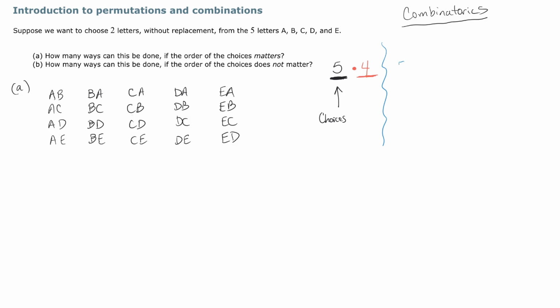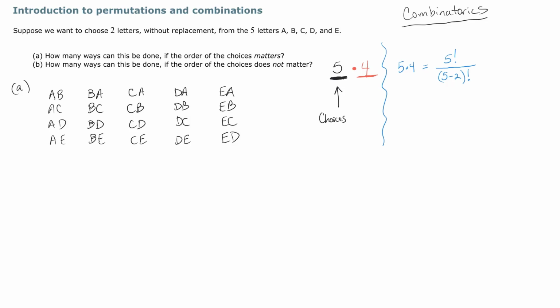So we're going to write 5 times 4, which equals what? That is actually equal to 5 factorial divided by, let's say, some common factors here. It would be 5 minus 2 factorial, and that would do it. Notice that actually gets you 20.